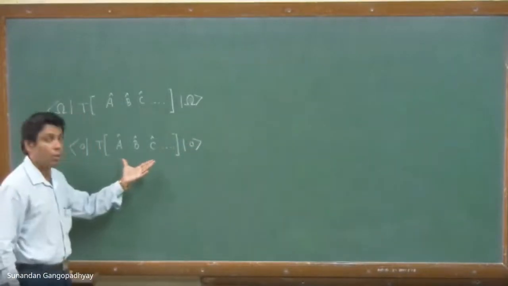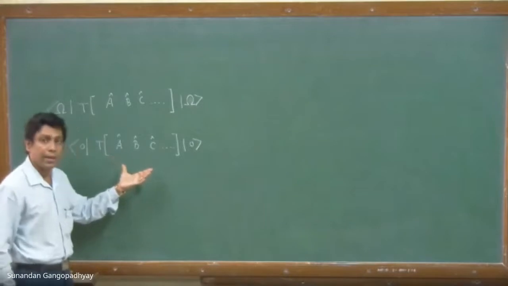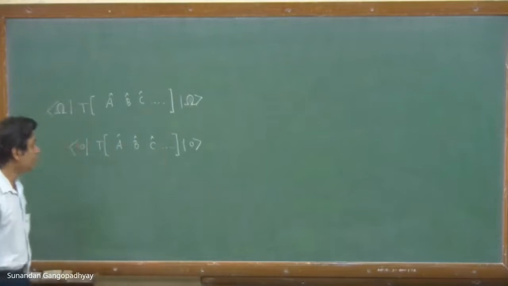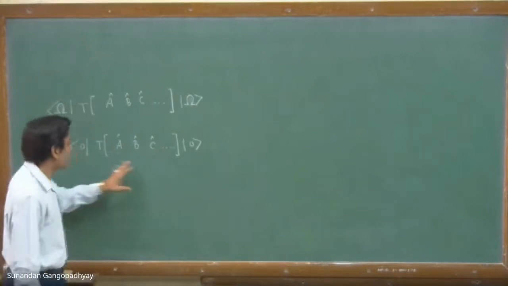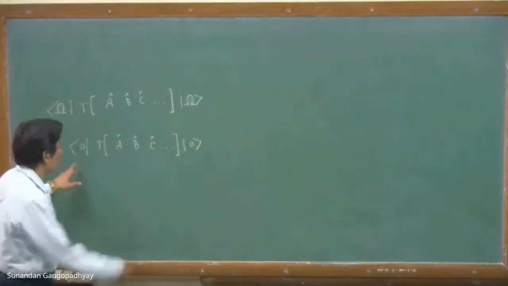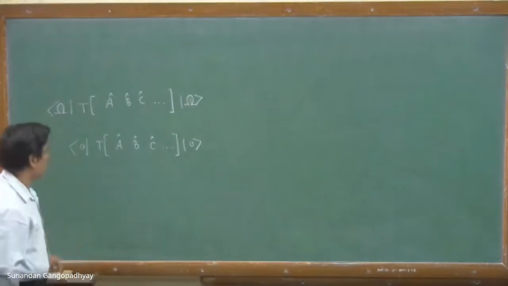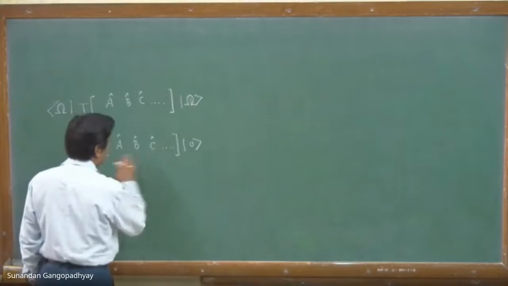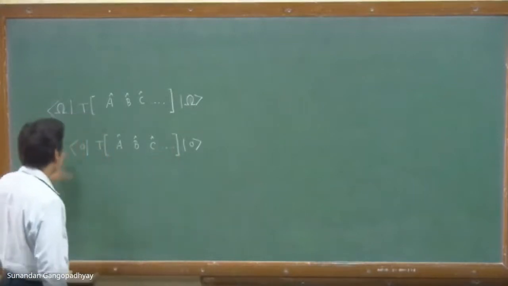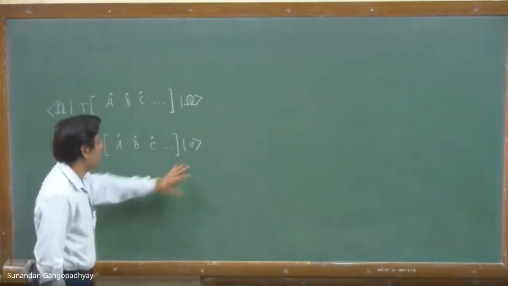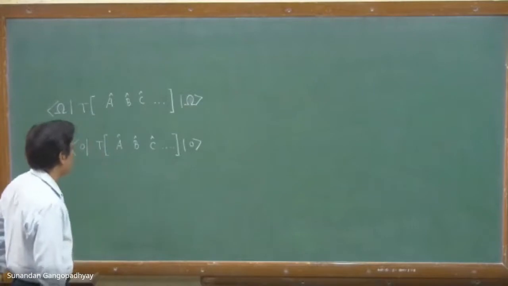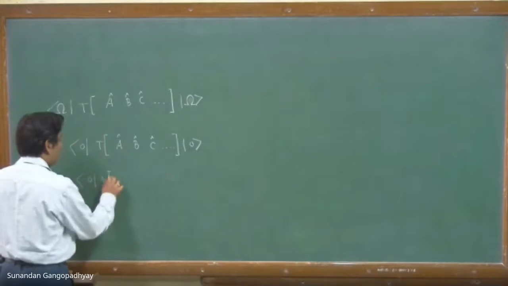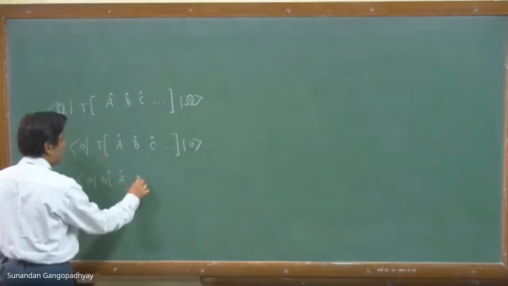It turns out that even calculating this is a difficult task. But we know that identically, a normal order product of the same string of operators A, B, C is zero. Therefore, what we try to do is to express this thing in terms of this. So let's see how we can achieve this.